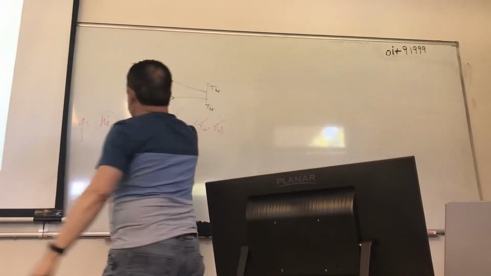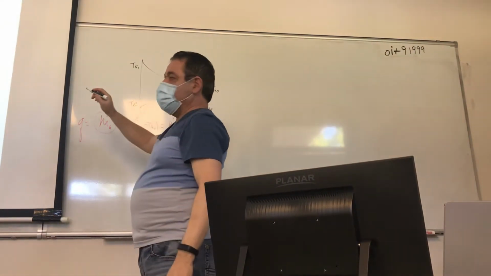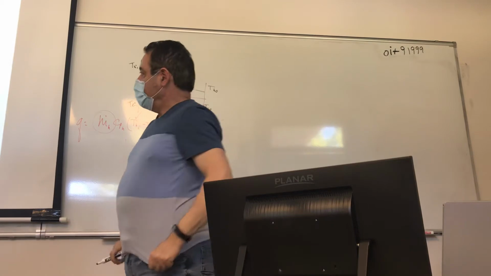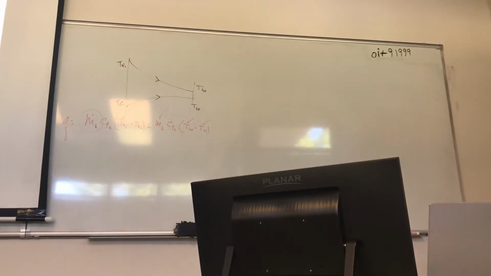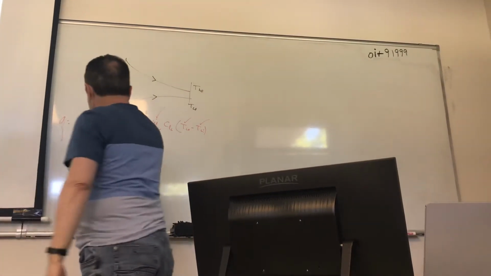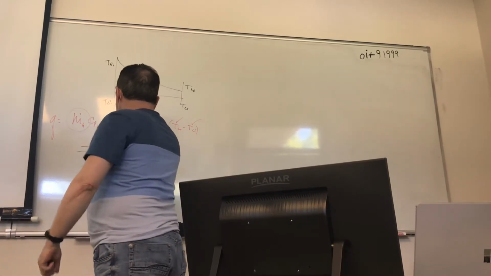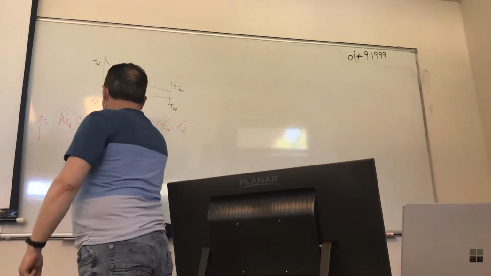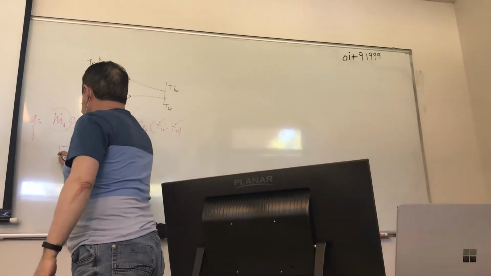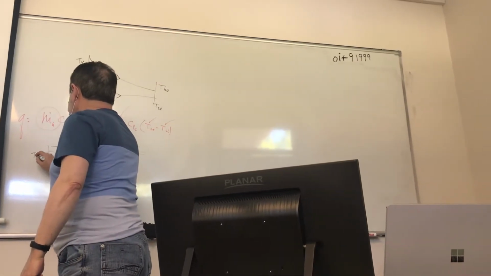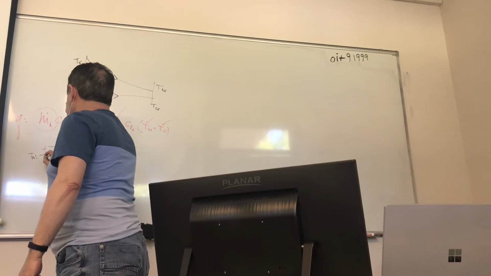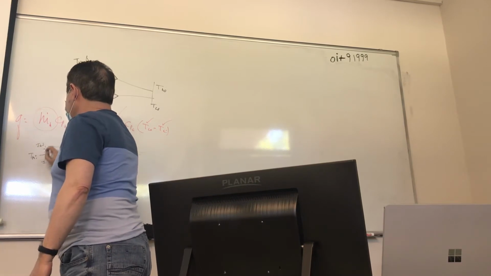So what's TC0 then? TC0 is where the heat exchanger is. This is T hot in, and T cold in comes in through here.